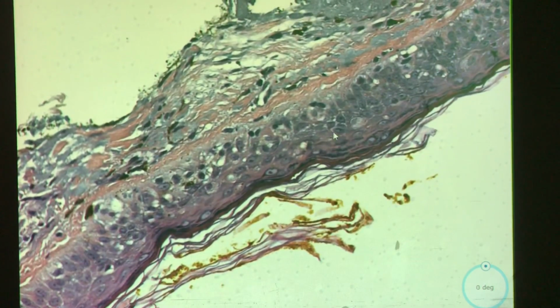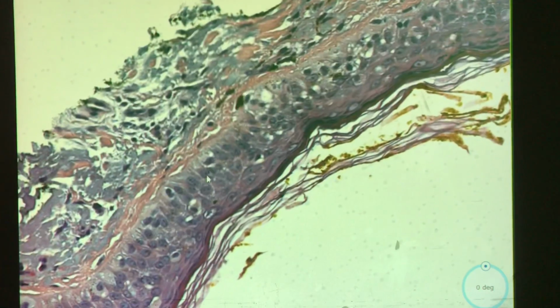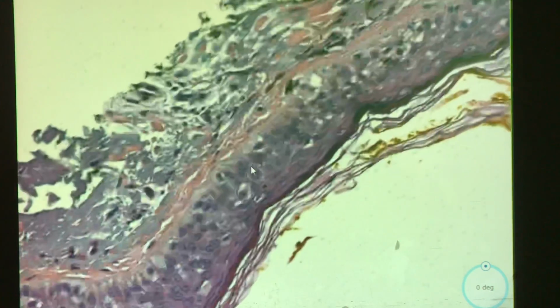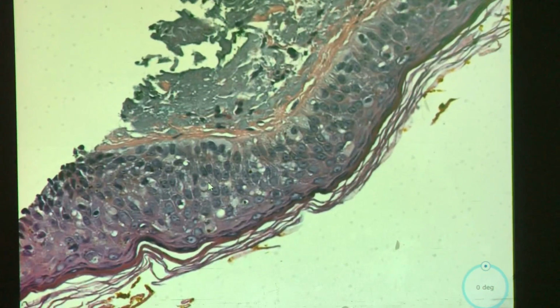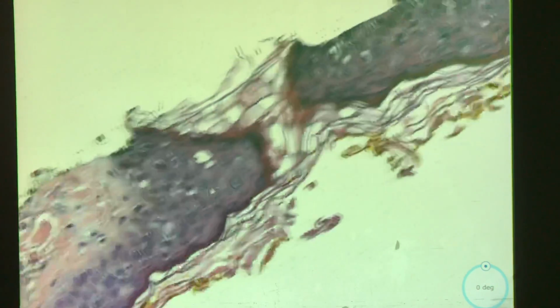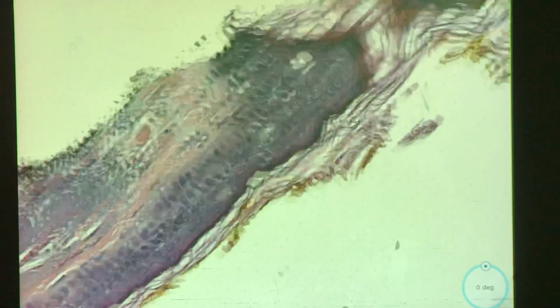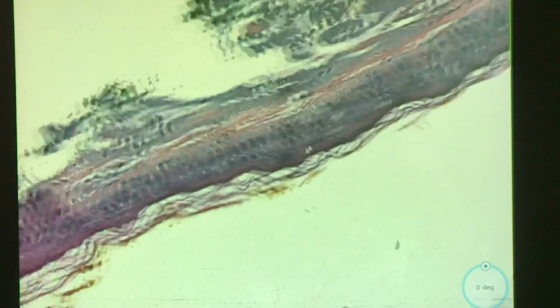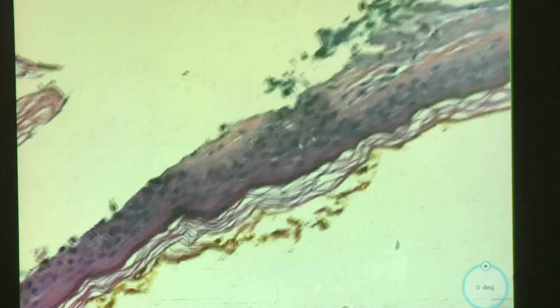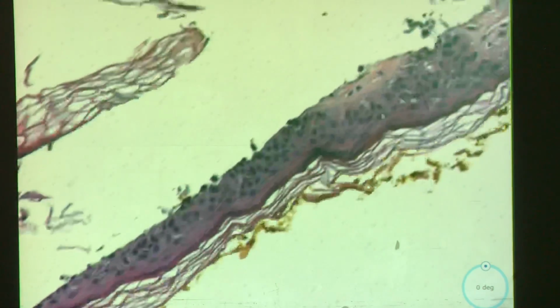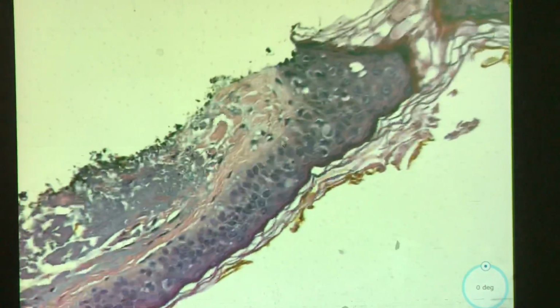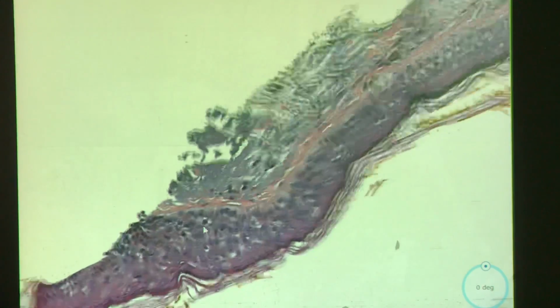The cell borders are not very well resolved in this area. They look like they kind of run together, but I think something's going on here. Okay, good. A valuable point: even if you don't know what something is, knowing that it's not what you should be seeing is usually the first step into investigating.